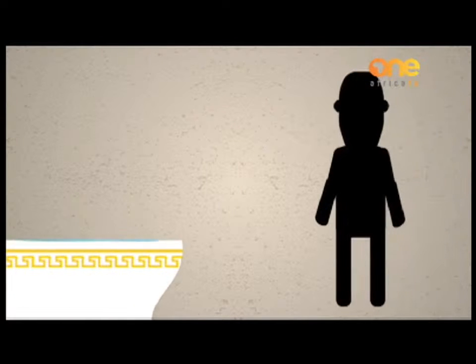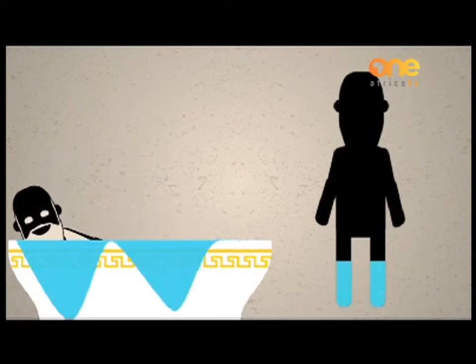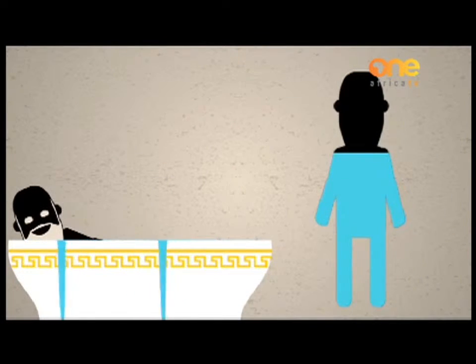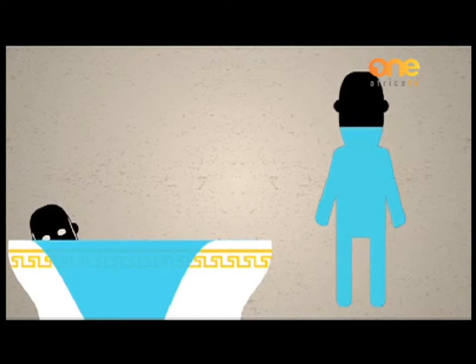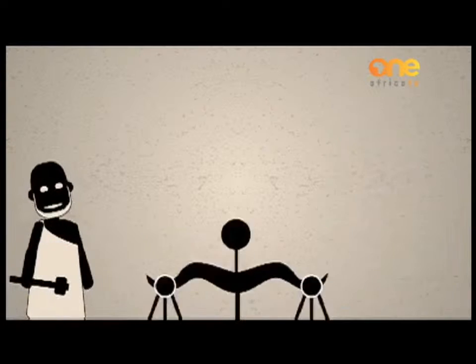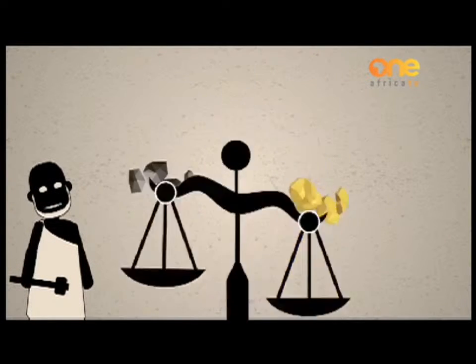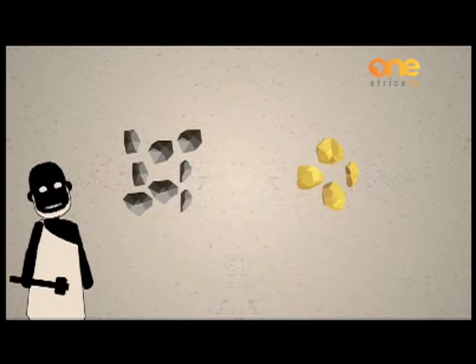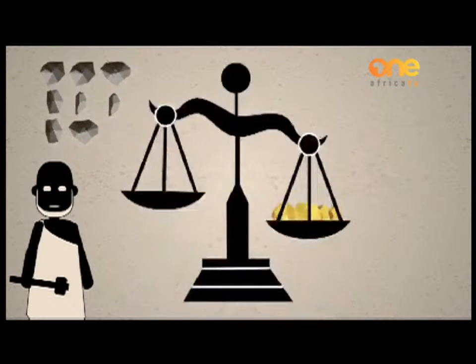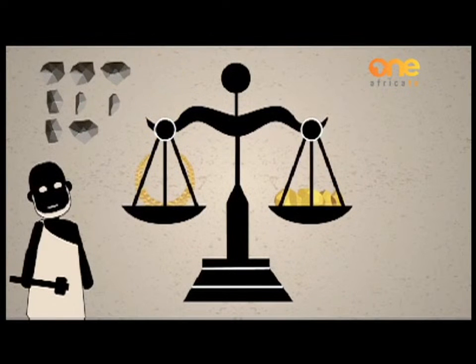He had realized that the volume of his body under the water was the same amount of water that was displaced. The goldsmith, knowing that silver is lighter than gold, would have to have put more silver into the crown than the equivalent amount of gold to ensure the crown weighed as much as the gold.